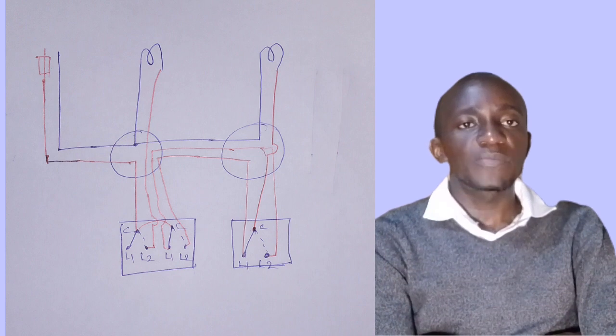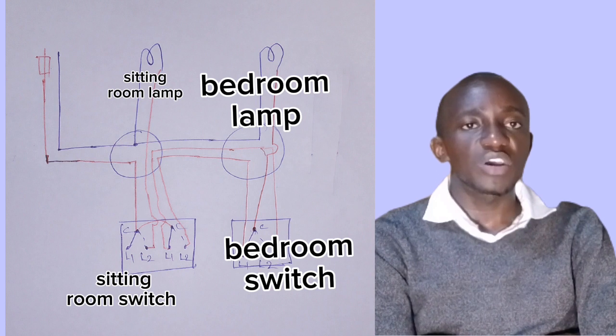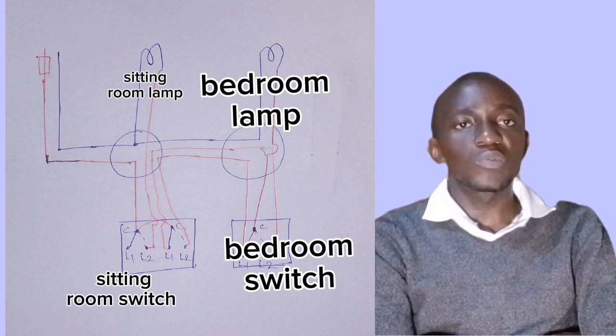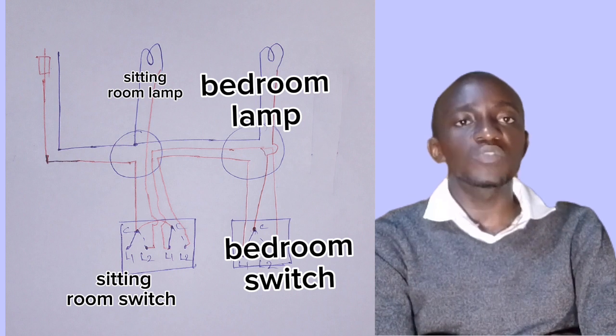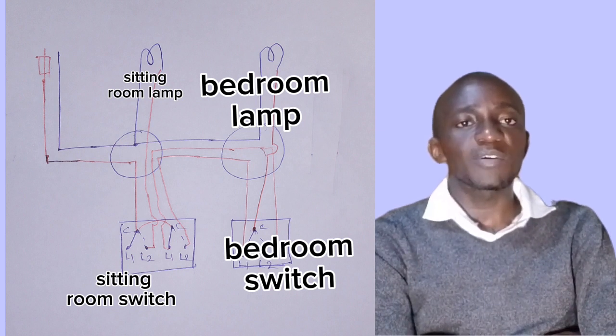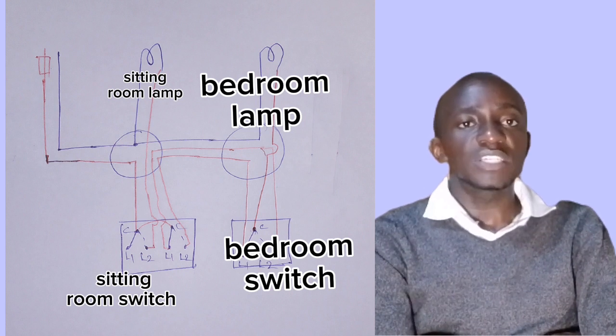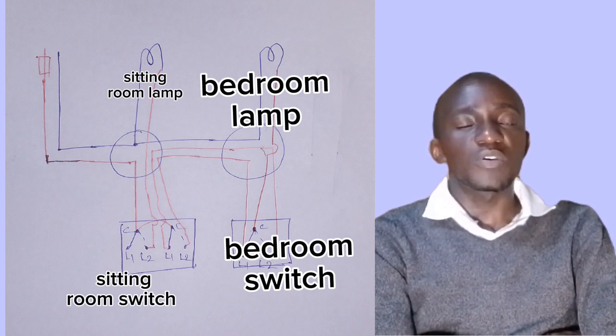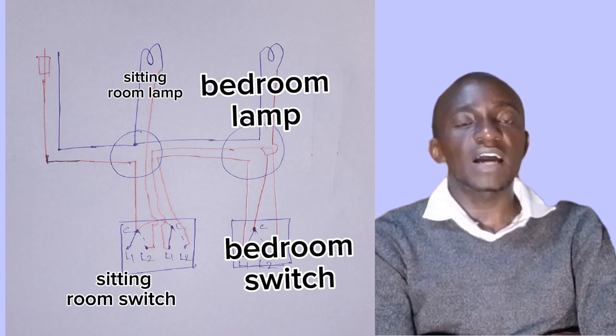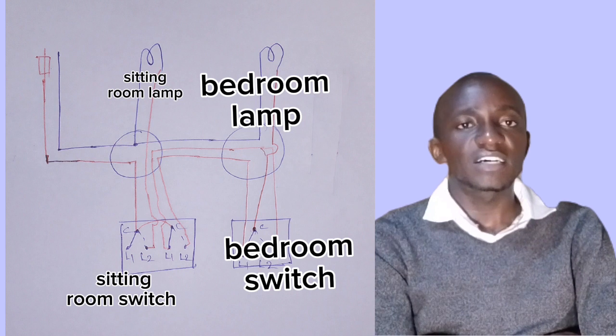So that is one application of the scenario that I am talking about, where we have a lamp operating in two-way switching method and another lamp operating in one-way switching method, and they are using maybe a single gang. So one switch will be a 2 gang and another switch will be 1 gang.